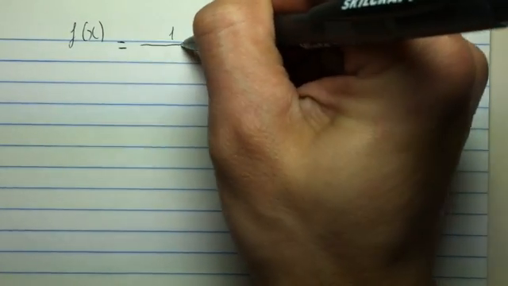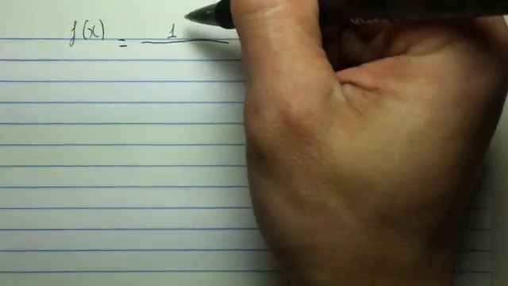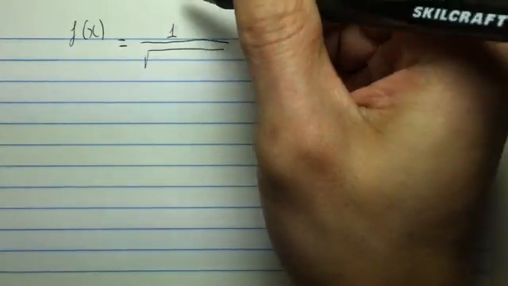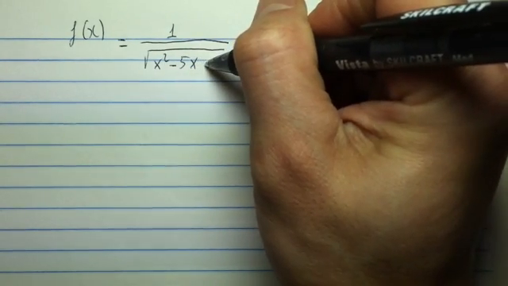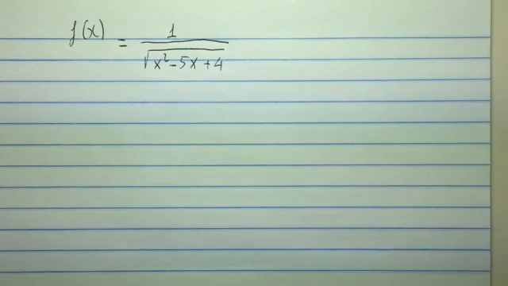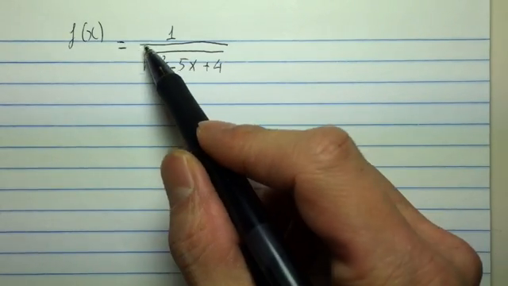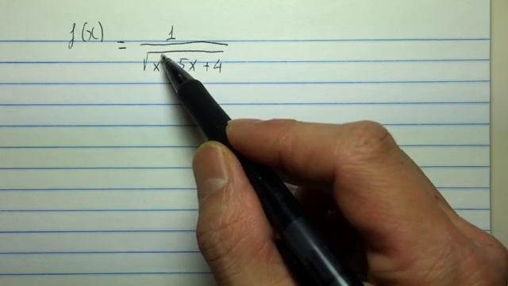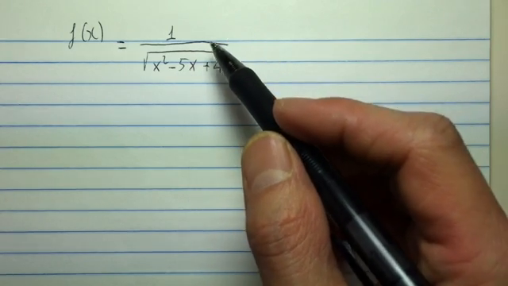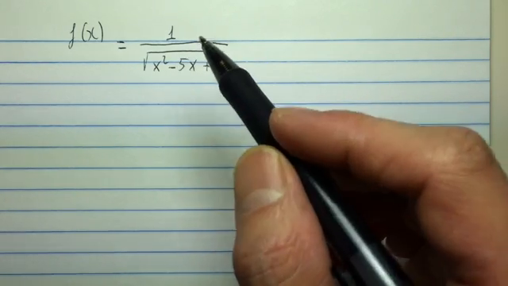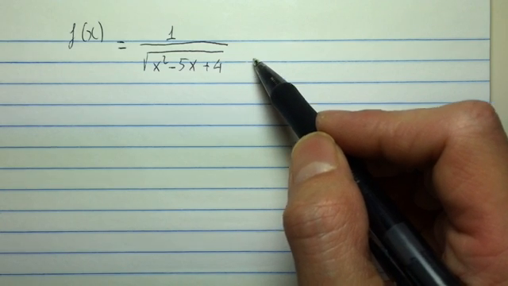Now I will do another example. I have a function f(x). We know this is a denominator, so this cannot equal 0. And we know the radical condition is always greater than or equal to 0.